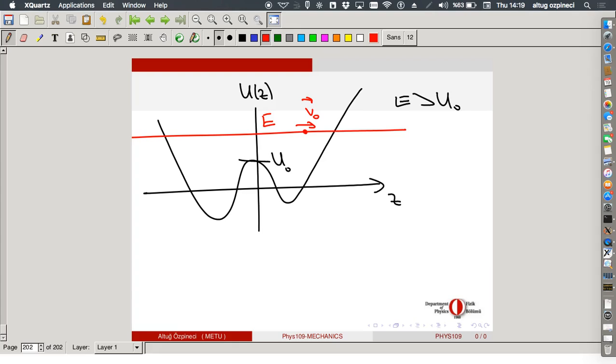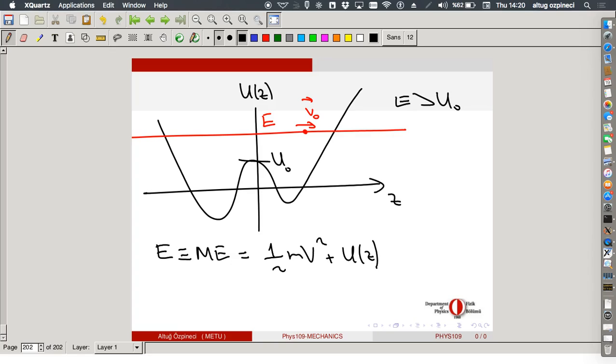So what will happen to its kinetic energy as it's moving along the z direction? You see, the energy E is the mechanical energy: one over 2 m v squared plus u of z. So what happens to the kinetic energy as it is moving along the positive z-axis direction from this point?